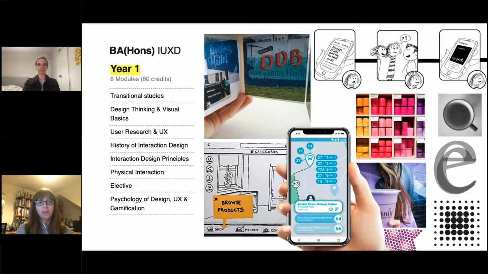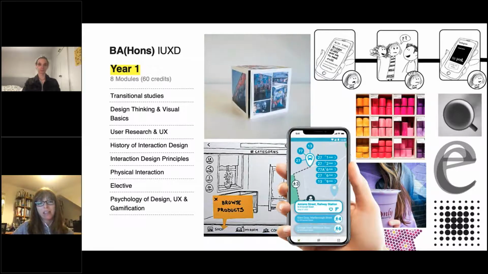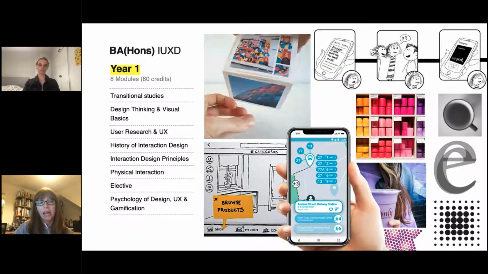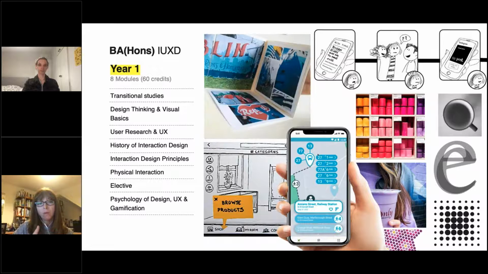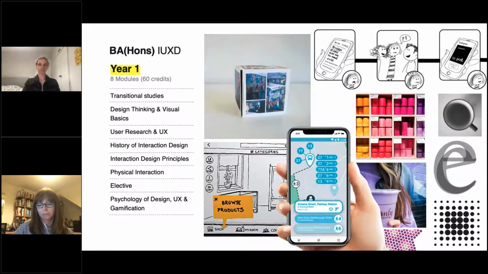And then the last module you do will be on physical interaction, which looks at basic interactive electronics and how we can make physical objects. And again, we can blend real world objects like boxes or physical prototypes with some digital.